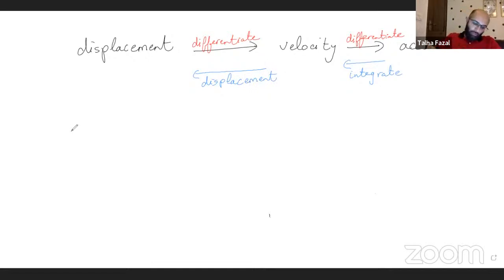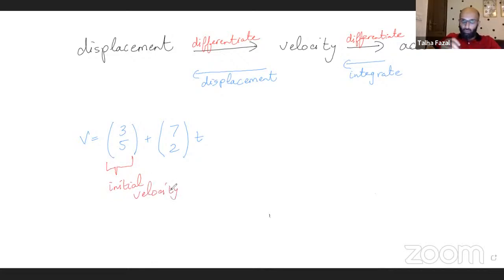Now, obviously, let's just take an example of a velocity vector. Let's say you're given 3, 5 plus, I don't know, 7, 2, t. Obviously, this 3, 5 is what we consider the initial velocity.